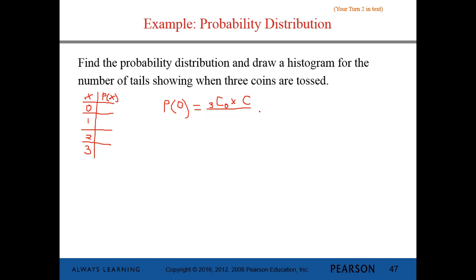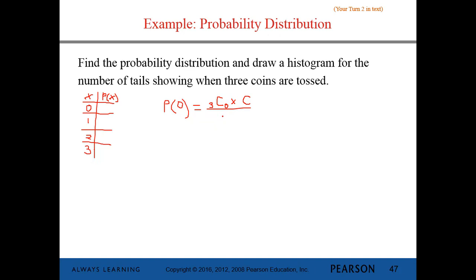Well, I only have 3 coins, right? So of the 3 coins, I would have 0, right? So that's the combination of how many different ways can I get 0 heads out of 3 coins, right?